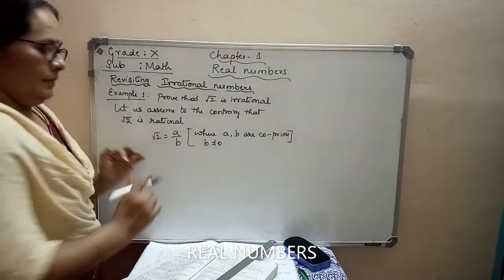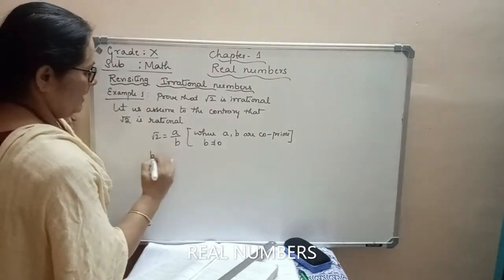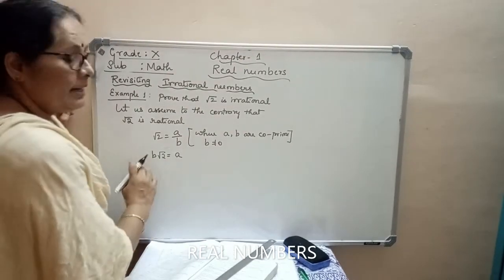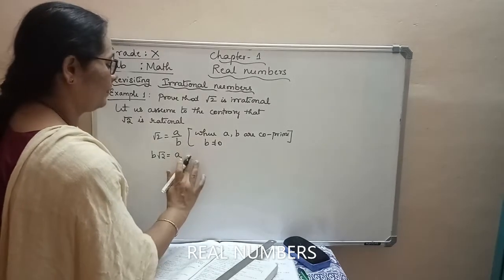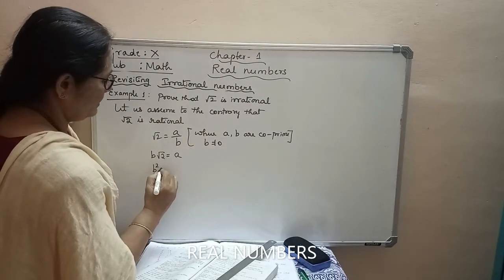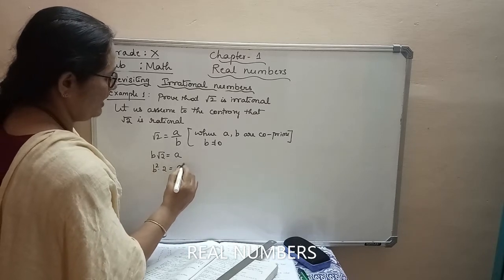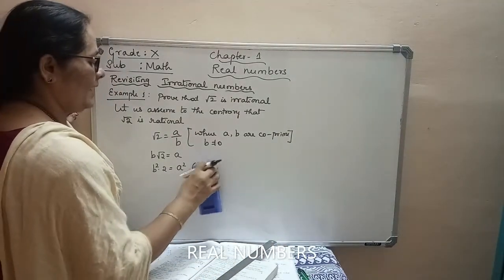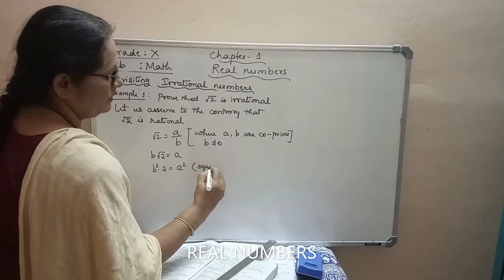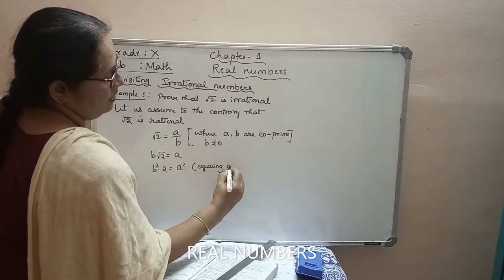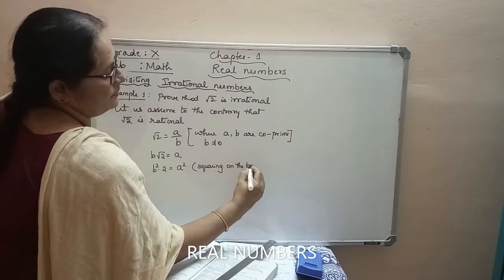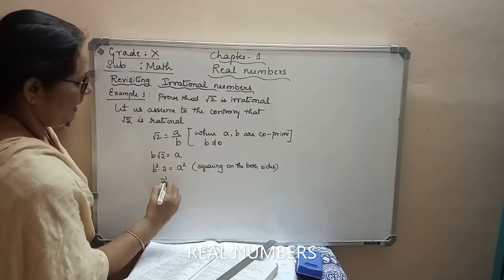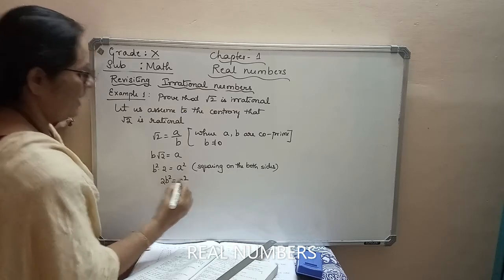Now, cross multiply: B root 2 equals A. Now, squaring on both sides, you will get 2B square equals A square.